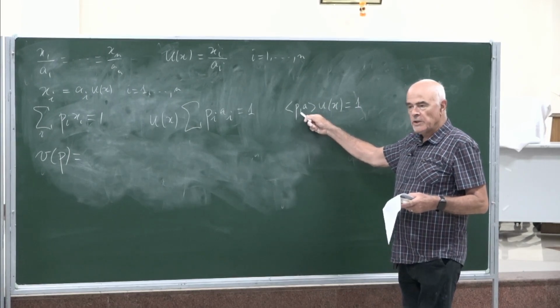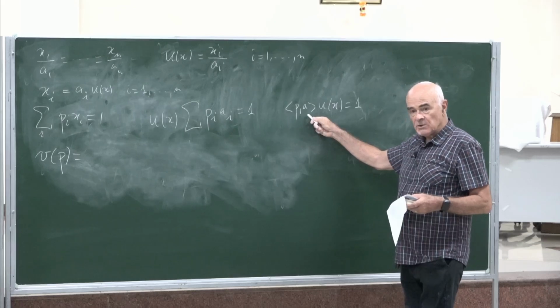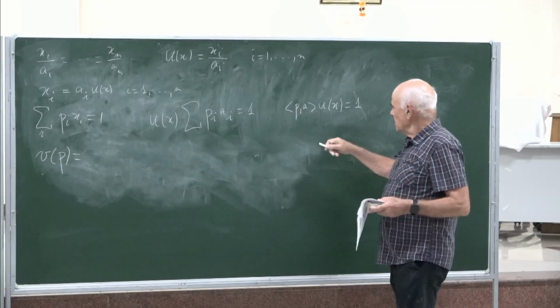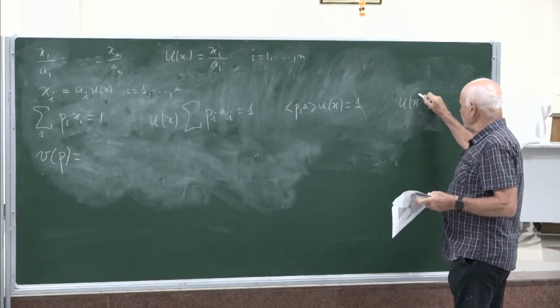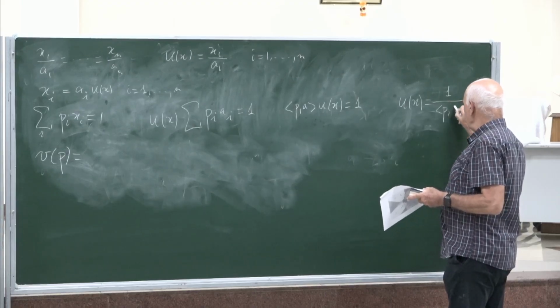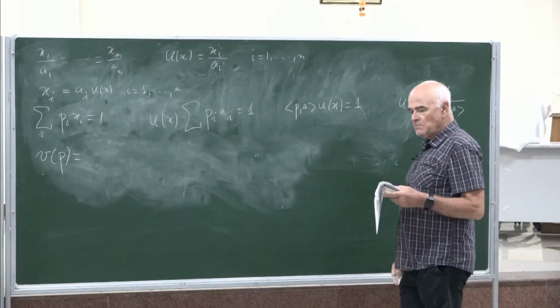So when multiplied with a strictly positive vector, this product is strictly positive. So we can say that u of x in this case is equal to 1 over p times a. We are not dividing by 0.